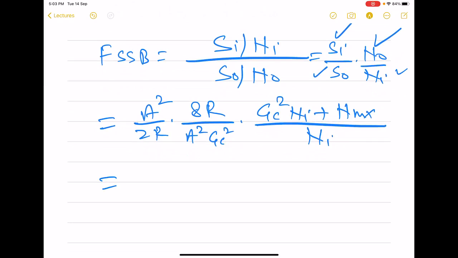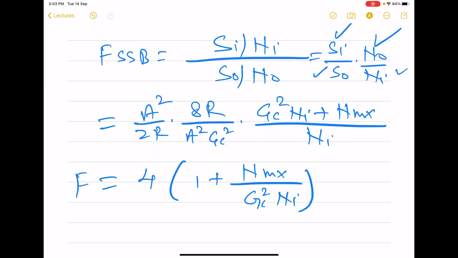When you do the simplification, this will turn out to be 4 times (1 plus N mixer divided by GC square Ni). So this is the noise factor of the SSB signal.